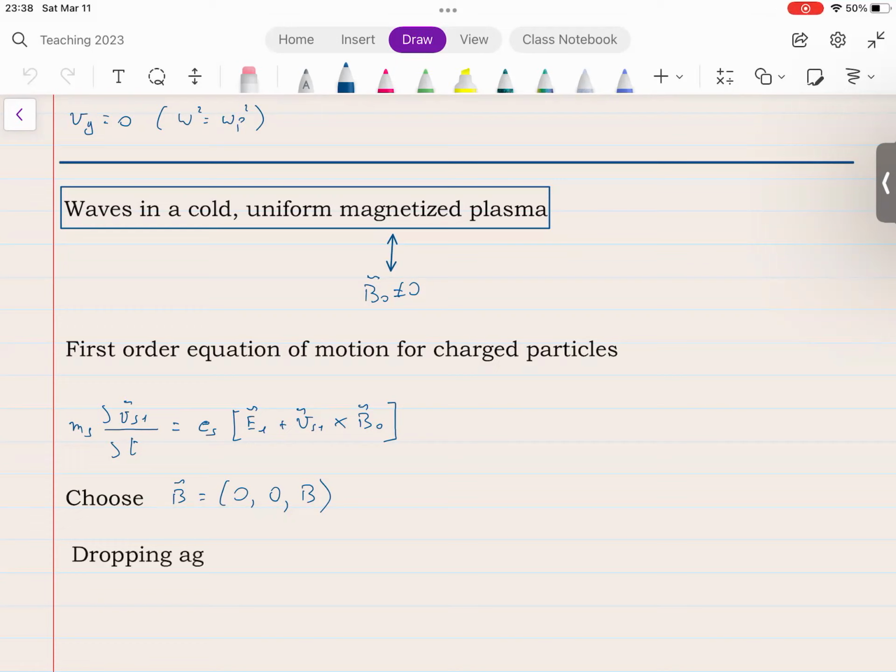I'm going to drop the subscript 1. I'm only going to keep zeros to indicate the equilibrium quantities. And I'm going to take the Fourier transform. And this is going to be pretty simple.